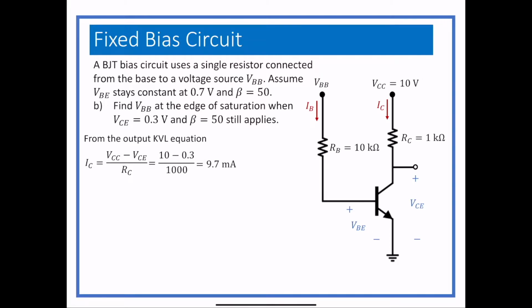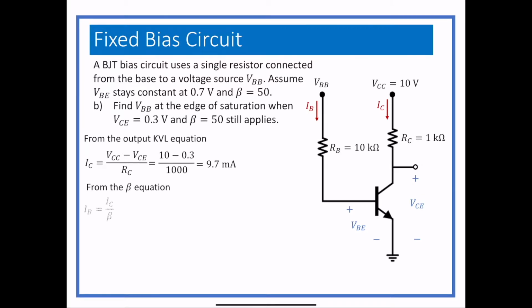If you happen to be doing a switch, you'll be going between cutoff and saturation, so you need to know what the edge is. So it depends on the application. With an amplifier, you wouldn't really care, but with a switch, you would care because you'd be going from cutoff to saturation back and forth. So you'd want to know how much current the collector is going to have, which in this case is 9.7 milliamps, which is a lot more than the previous example.